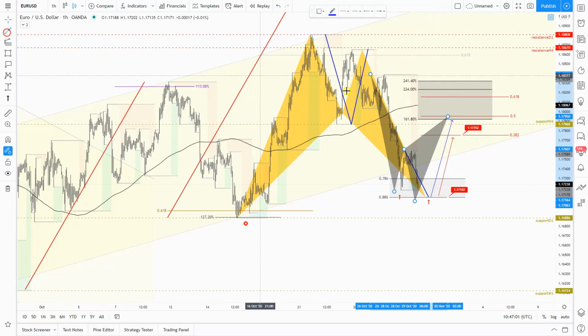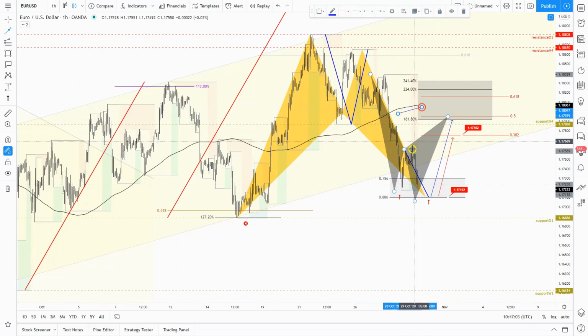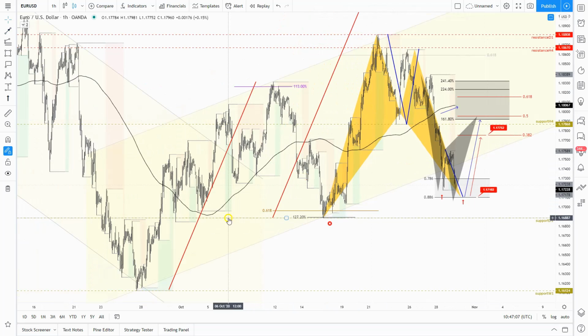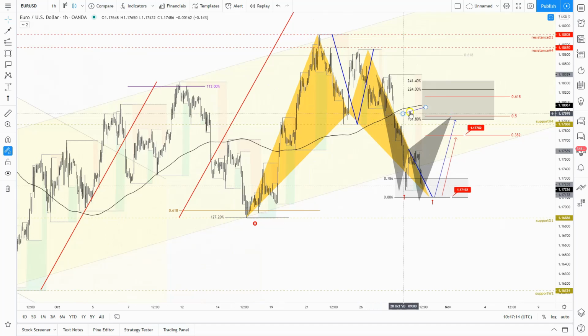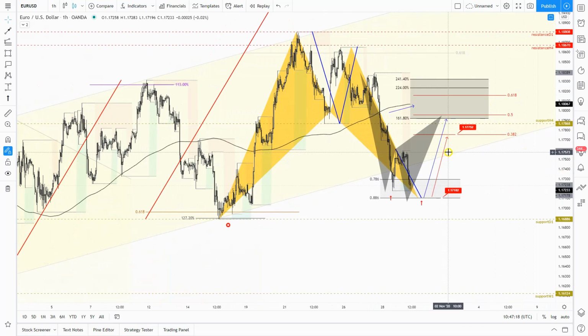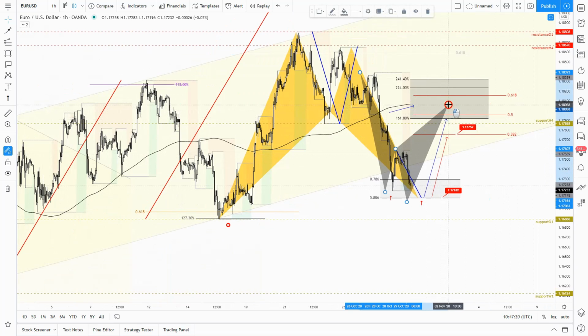And since we'll still, we can see an upside momentum inside this channel, and eventually it can reinforce that momentum if the price decides to push to the 224% Fibonacci.